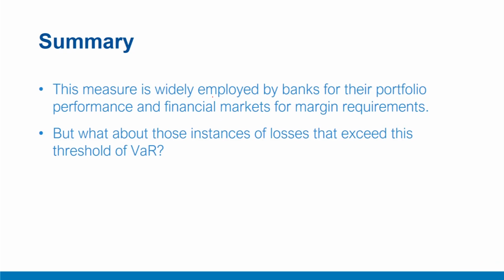However, we noted that there can be extreme loss events that go beyond this VAR level, and therefore we need a slightly more accurate and efficient measure to handle those extreme situations. In the next video, we'll discuss one such measure, which is called conditional VAR or CVAR, or expected loss.